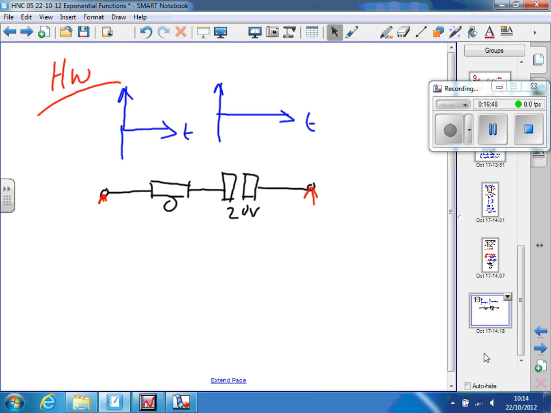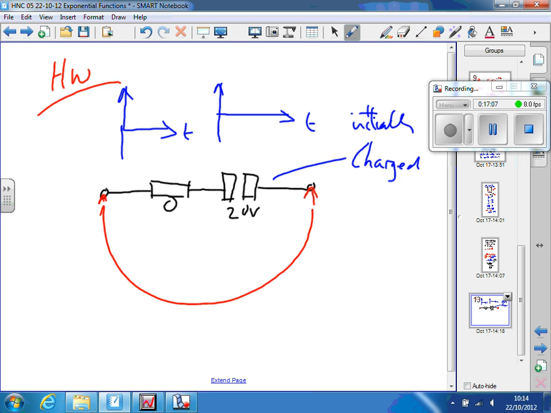I charge up the capacitor. So initially it's charged, and then I short circuit it across a resistor.